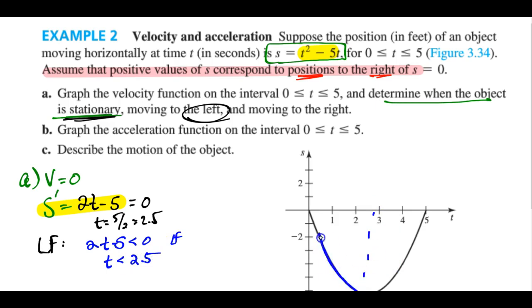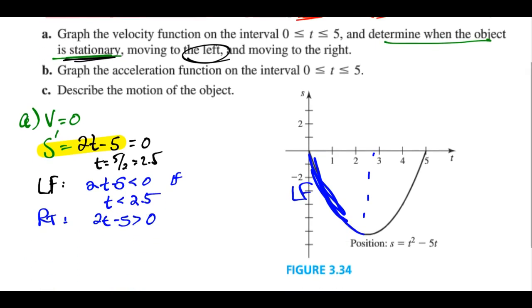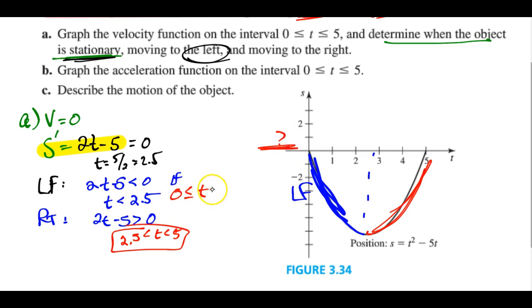So there's 2.5, everything less than it over here must be moving to the left, and vice versa, the same process, but 2t minus 5 would be greater than 0 every time you're over here, between 2.5 and 5. So there's the answer from the right, and then the answer from the left. It doesn't look like it's defined over here, so between 0 and 2.5.